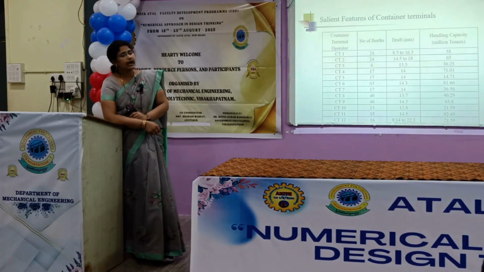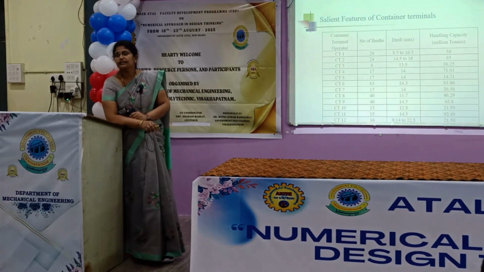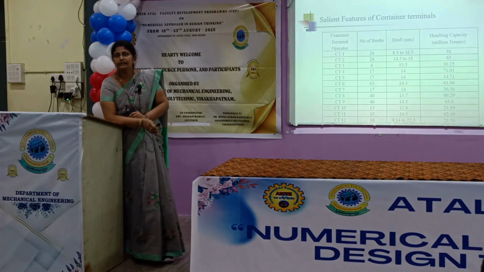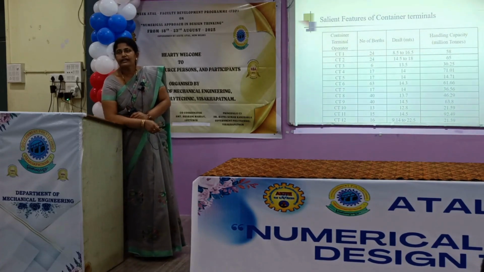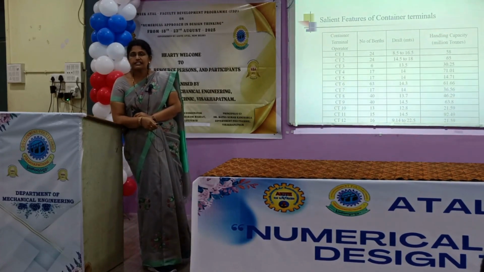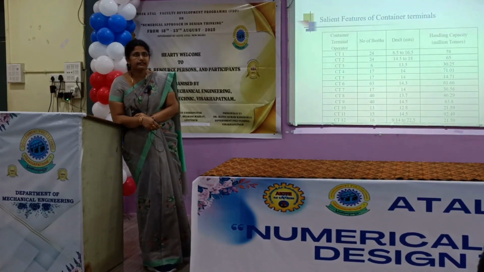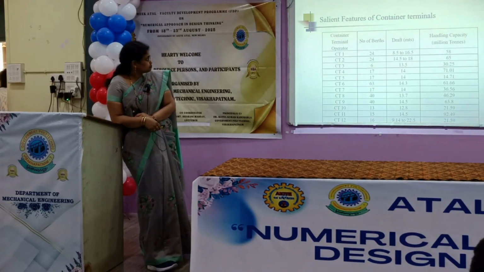Like that, totally I have considered 5 main criteria and a total of 20 sub criteria. Under each criteria there are 4 sub criteria. Like that, 5 main criteria and 20 sub criteria I have considered for the evaluation of the performance of the container terminals based on service quality.